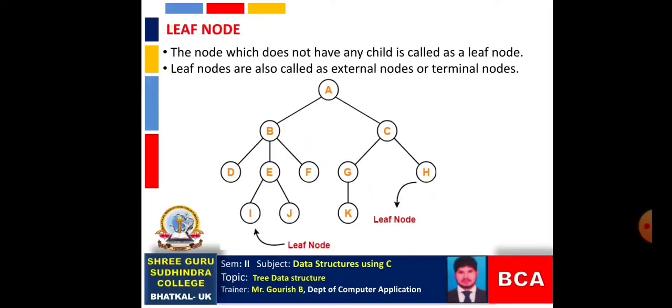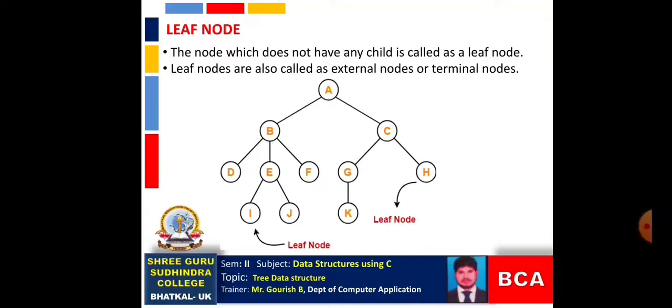Fine. Next, leaf node. A node which does not have any child is called a leaf node. It is also called an external node or terminal node. That means leaf nodes are at the bottom.